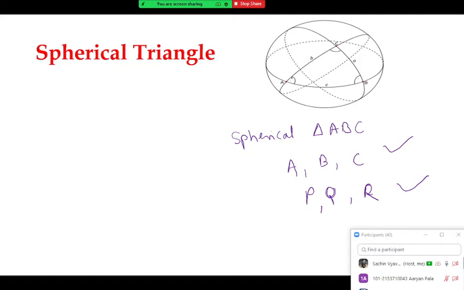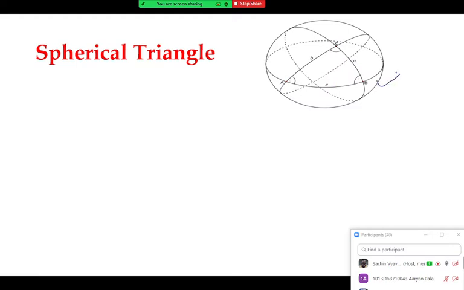So this is the capital A angle, and at the same time A is that vertex also. Then small letters or lowercase are used to denote the sides. Small a is the side opposite to the angle capital A, small b is the side opposite to angle capital B, and small c is the side opposite to angle capital C. So uppercase is used for the angles and lowercase for the sides. There are two ways of giving the side. Sometimes it is written side AB is equal to.